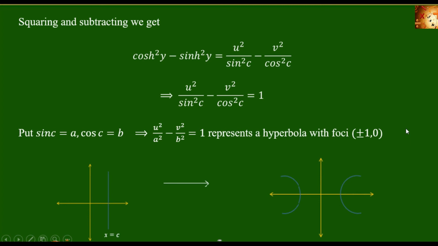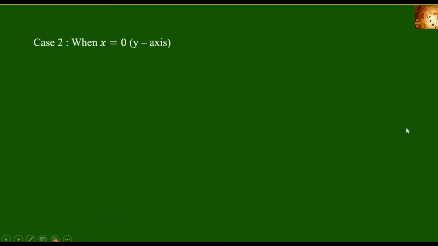Next, we are considering case 2, that is when x equal to 0. X equal to 0 means the entire y axis. Then our u becomes sin 0, that is equal to 0. U equal to 0 means the complete v axis. Next, see what is v. V becomes sinh y. So u equal to 0 and v equal to sinh y means it corresponds to the v axis. Next, from where to where?